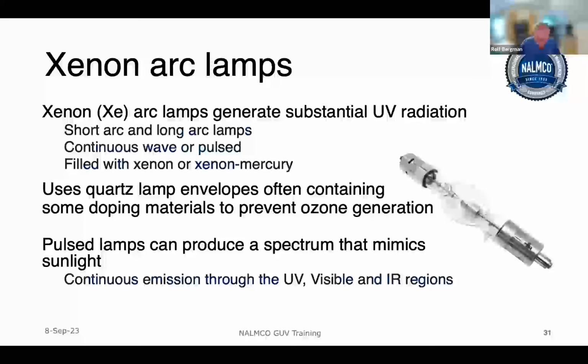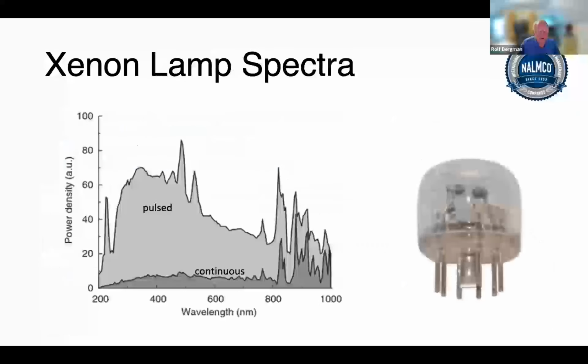So this makes it great as a light source for spectroscopy, but it can't be used for direct application with people present. Here's an example of the spectra, and you see the very large difference between continuous and pulsed wave. By the way, the picture is of an AC arc, but in a very large power bulb. So all kinds of configurations again.